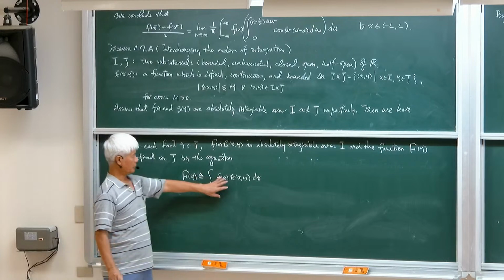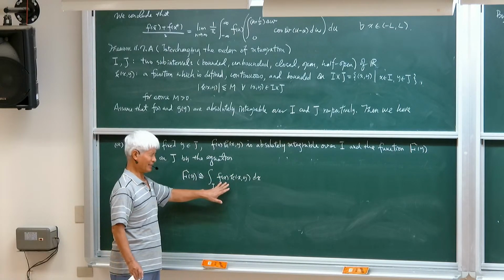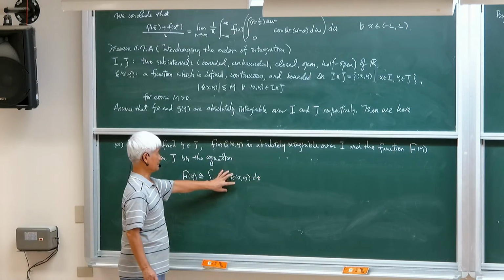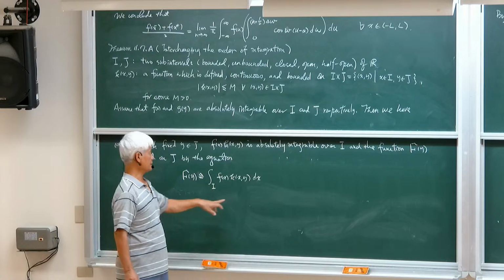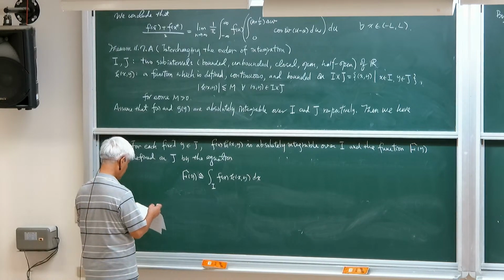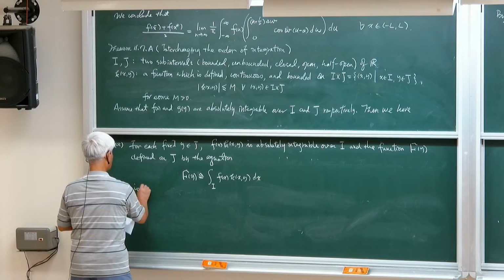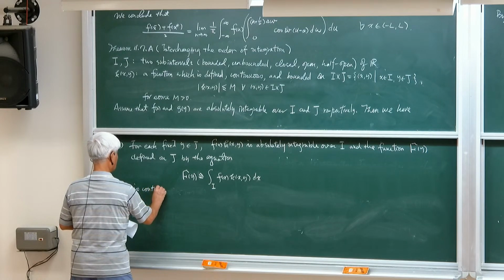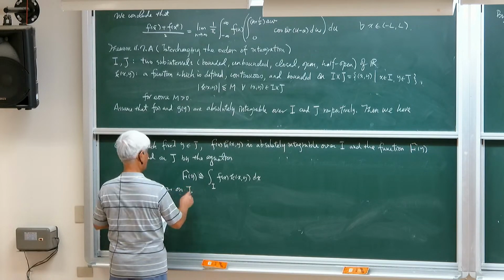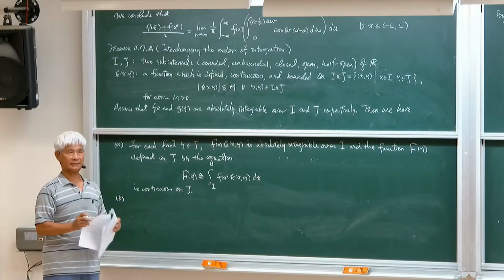Because for each y the integrand is absolutely integrable, this integral exists for every y. So this defines a function of y called capital F, and this function is a continuous function on J.